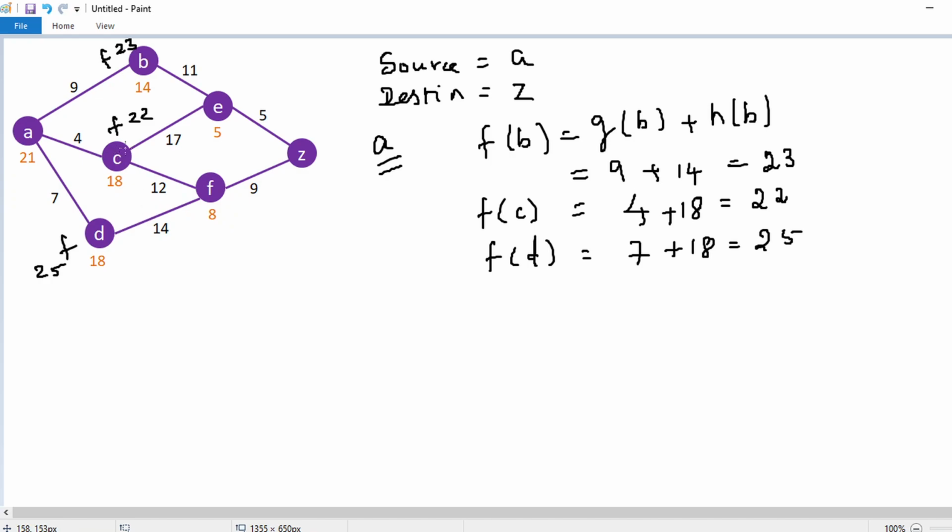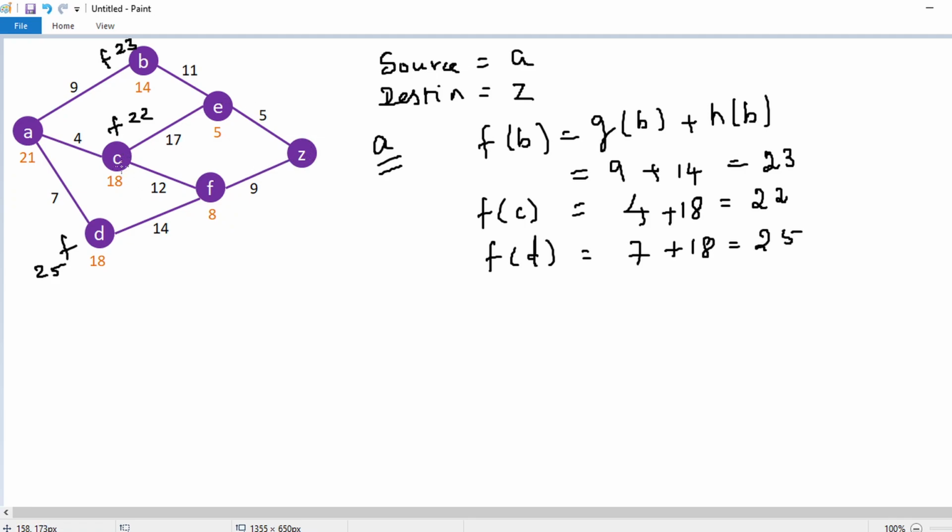But we are greedy, and we think that if the optimal path exists, there is a good probability that it is present in this one, because as of now this is best. So I'm going with the probability of the optimal path being present if I go via C.